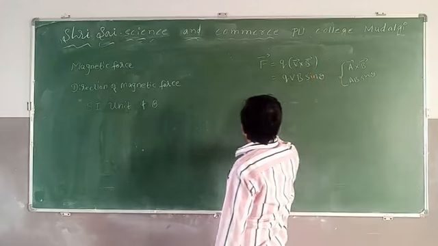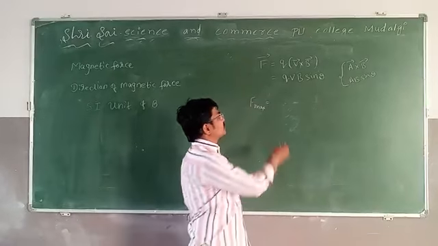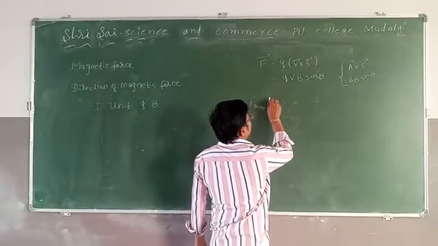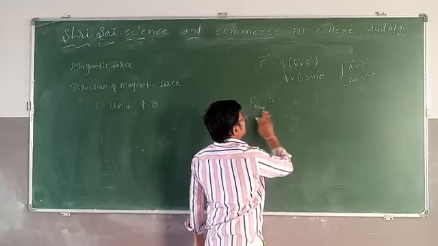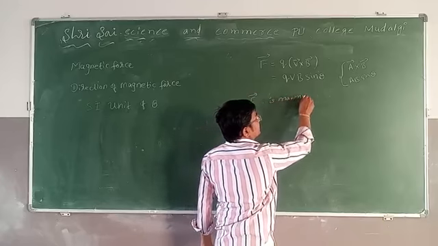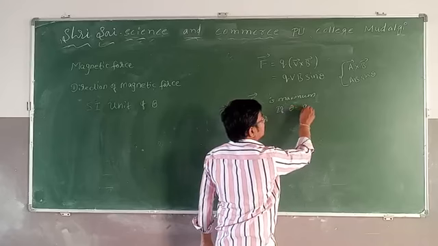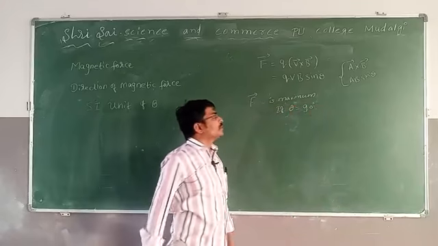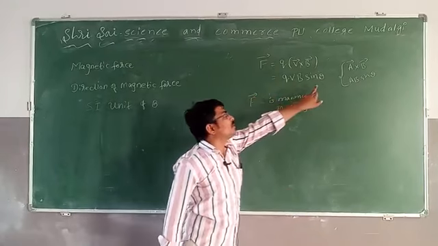Here F is maximum. Yesterday I wrote this: F is maximum if theta is equal to 90 degrees. Remember, this F value becomes a maximum value when theta is equal to 90 degrees.